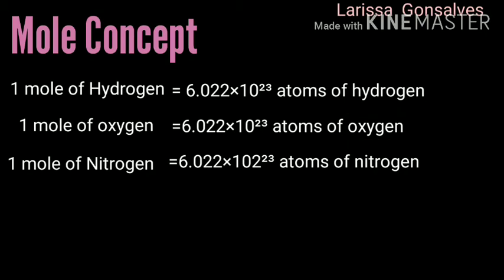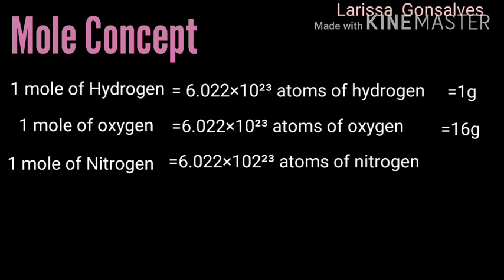No. The mass of 6.022 into 10 raised to 23 atoms of hydrogen is going to be 1 gram. And the reason is the atomic mass of hydrogen is 1. Mass of 6.022 into 10 raised to 23 atoms of oxygen is 16 gram. This is because the atomic mass of oxygen is 16.